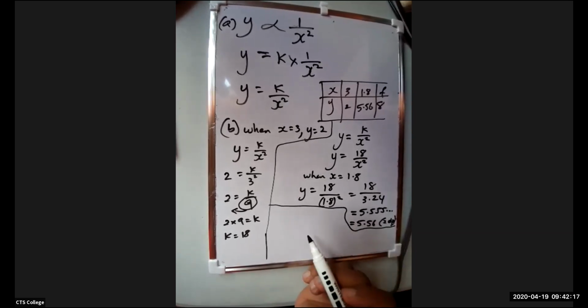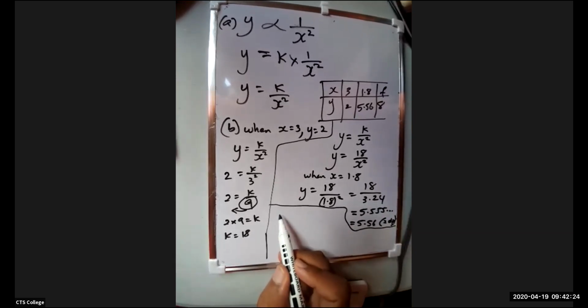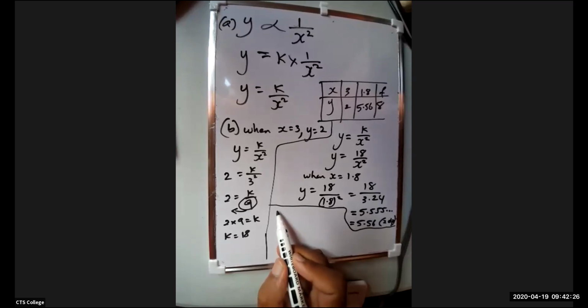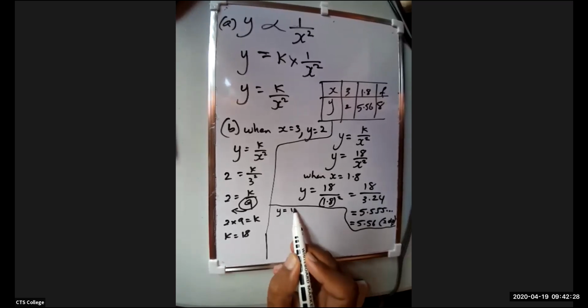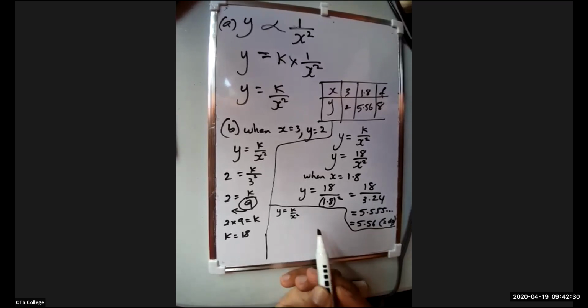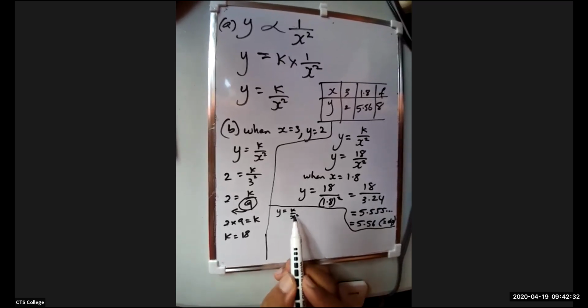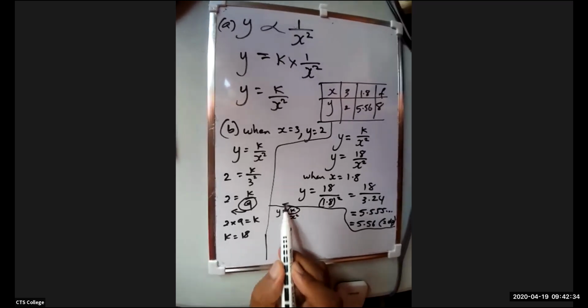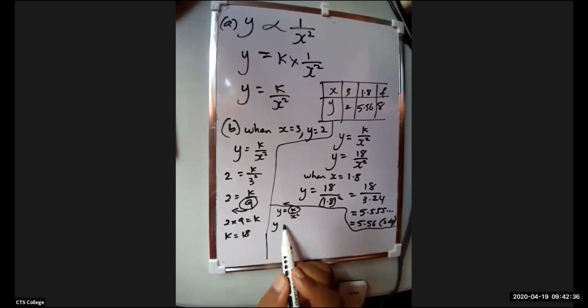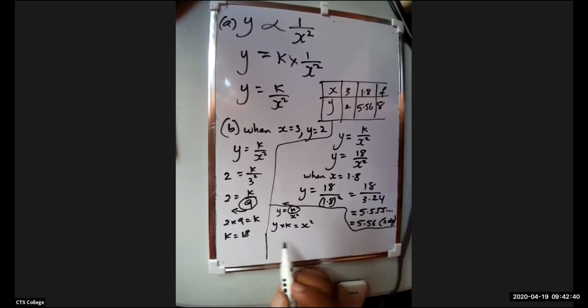Let's find F now. In this case, we are given y is equal to 8, and we have to find x basically. So y is equal to k over x squared. We want to make x the subject of the formula. So we're taking this k and carrying it across. Y multiplied by x squared is equal to k, so x squared is equal to k over y. We don't want x squared, we want x.